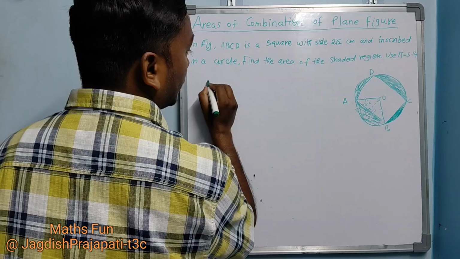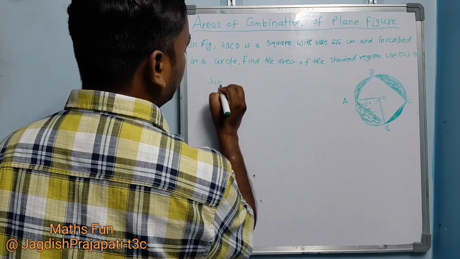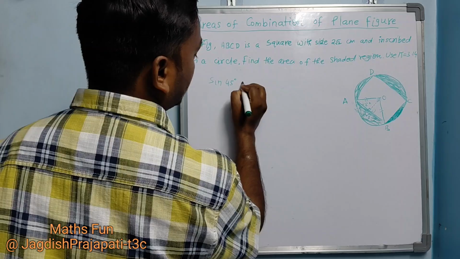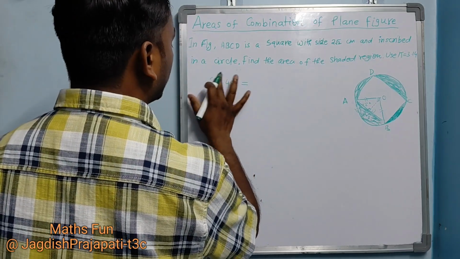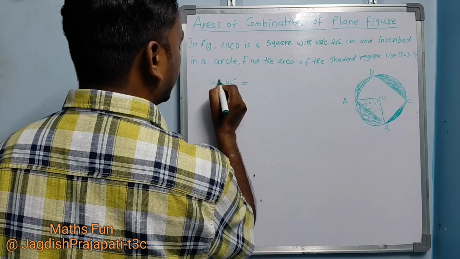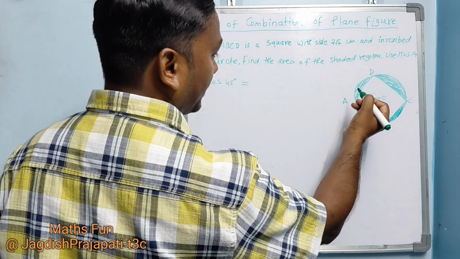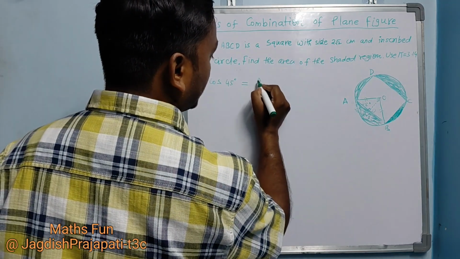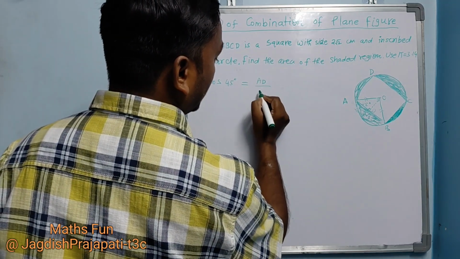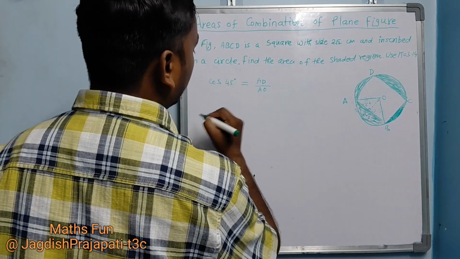Therefore in triangle AOD, we will use cos 45, not sine. For this angle, this will be base and this will be hypotenuse. So base is AD and hypotenuse is unknown AO.